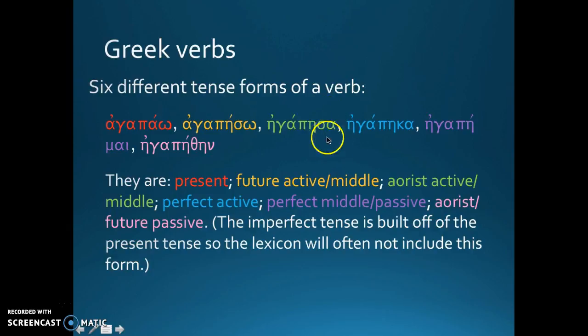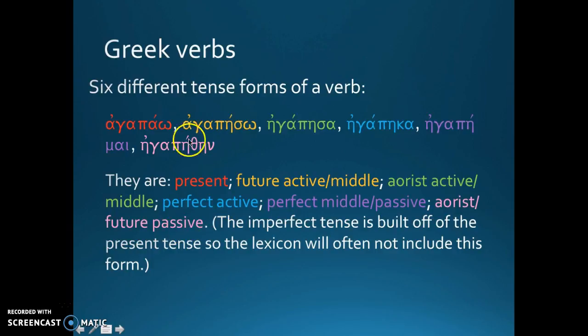It's going to be either active in form or middle, and that again is going to depend on how these infixes change. The fourth principal part, perfect active, is active if it appears in that form, and then that next one following could be either middle or passive, which are actually identical in form, but translated different. And I'll cover that in a minute. And then the last one, aorist passive or future passive, because they happen to be built off of the same principal part.